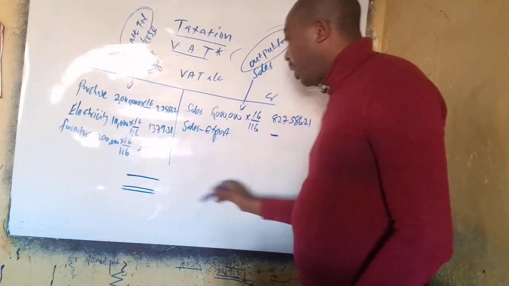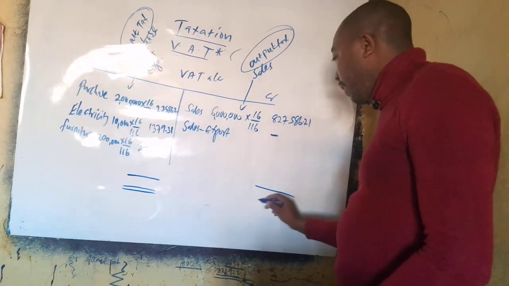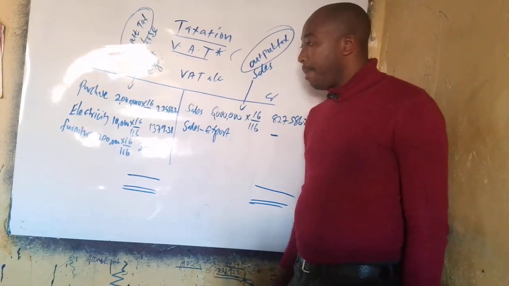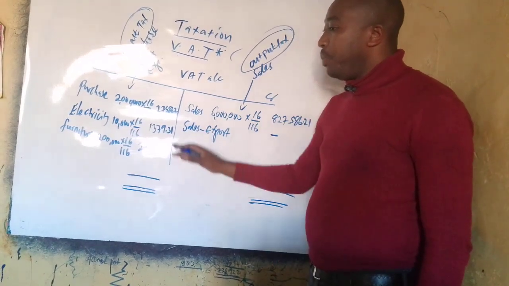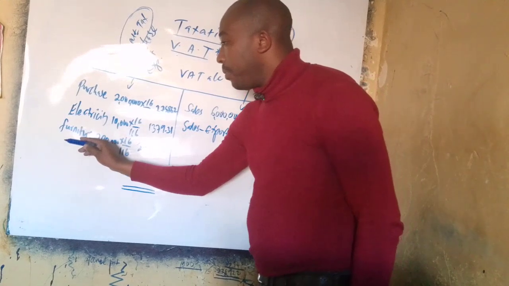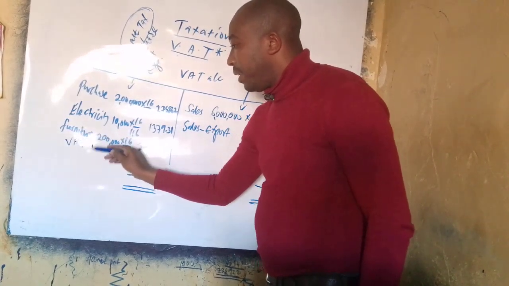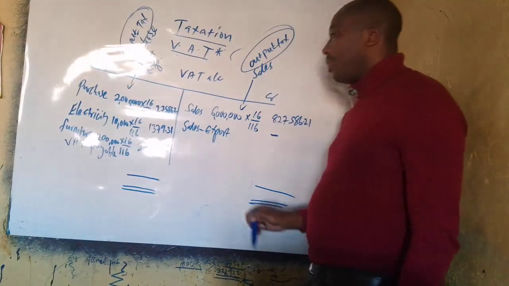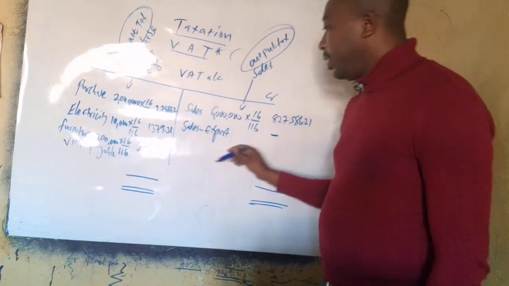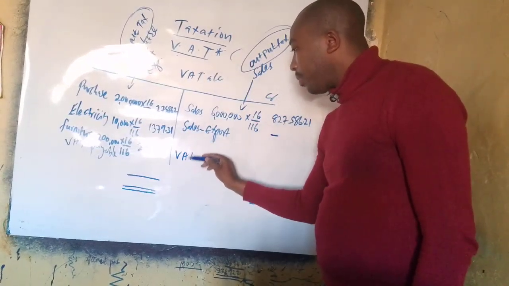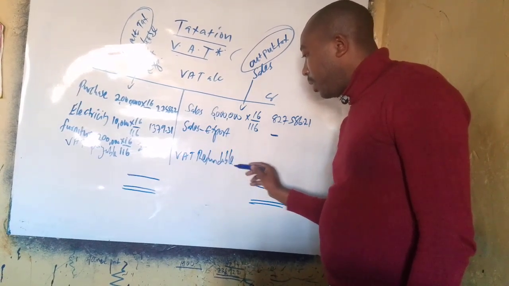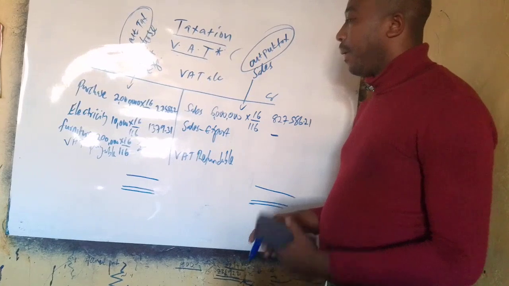Then I balance my account to see whether it is VAT payable or VAT refundable. It will be VAT payable if the balancing figure is on this side. It will be VAT refundable if the balancing figure is on this side.